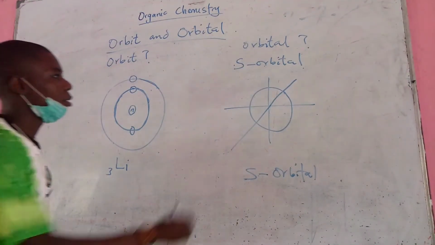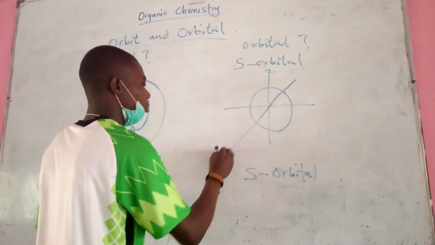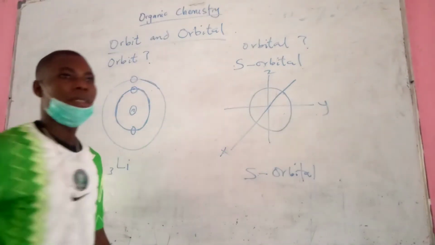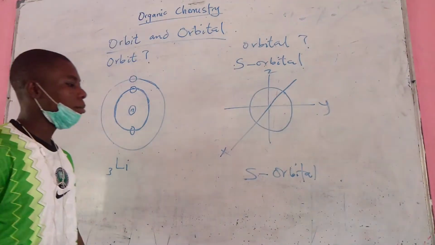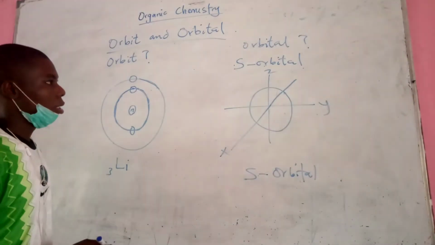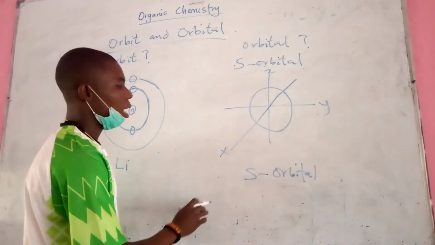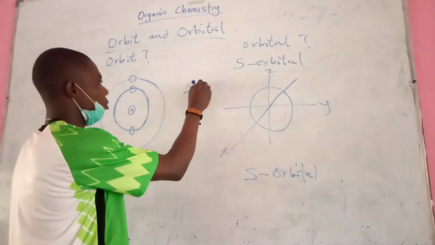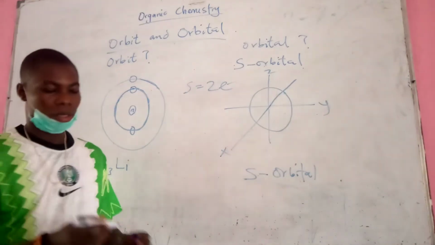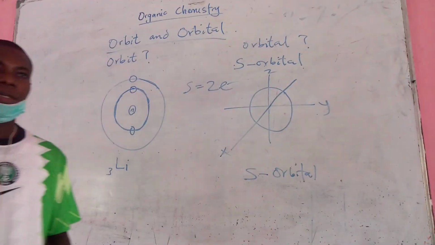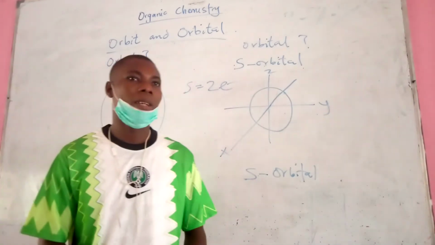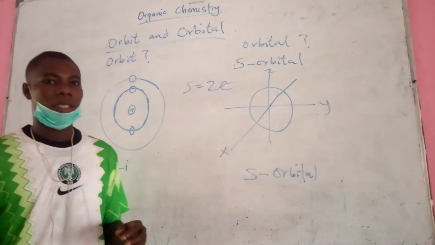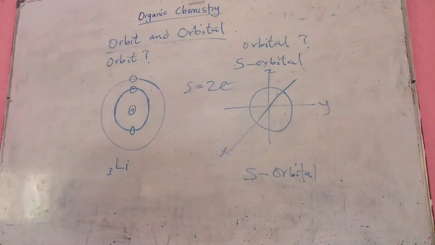It's circular. The maximum number of electrons which an S orbital can occupy is 2 electrons. The size of the S orbital will increase with its principal quantum number.